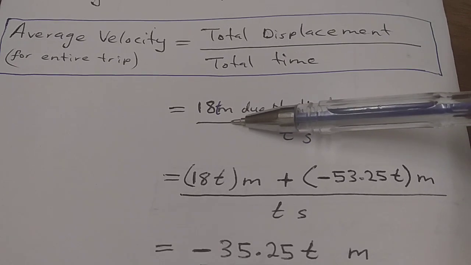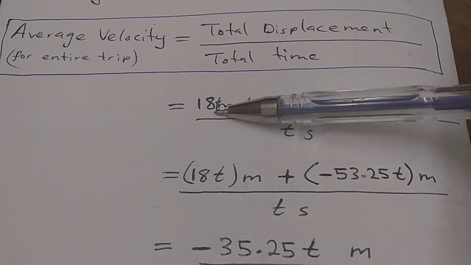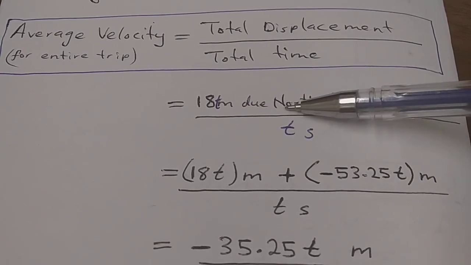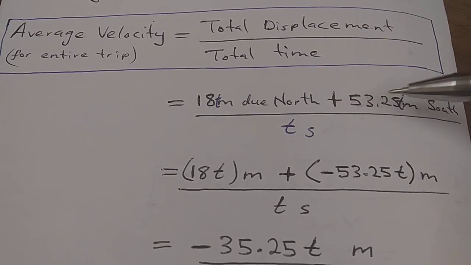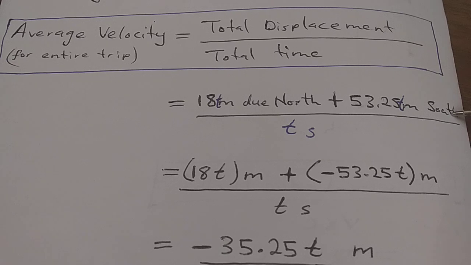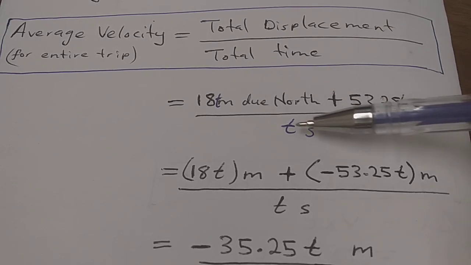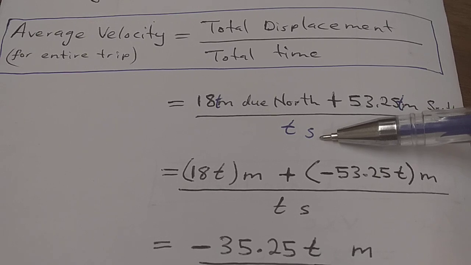So we know that this car moved 18 t meters due north plus another 53.25 t meters due south. The total time taken for the entire trip is t seconds.